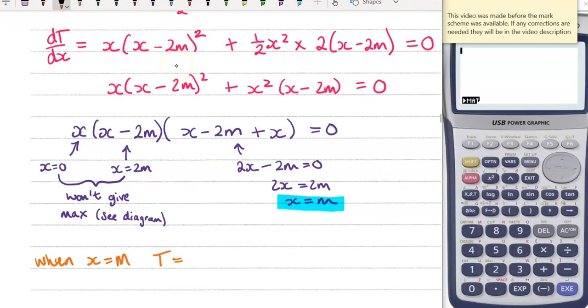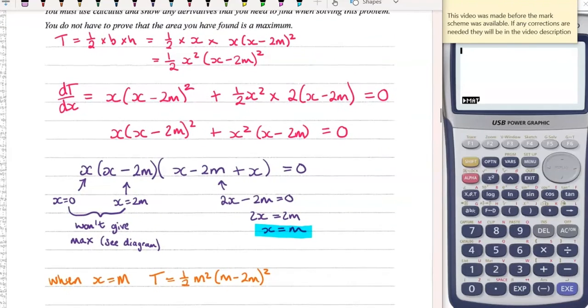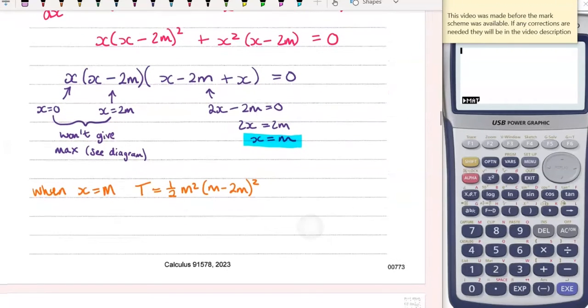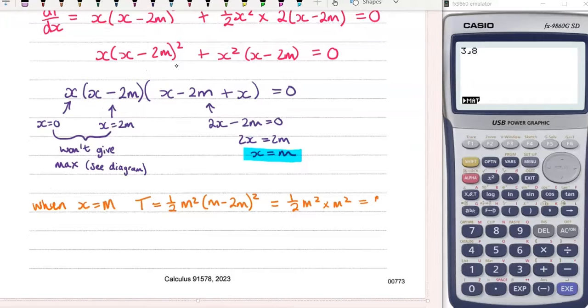So this will be half times m squared, m minus 2m, just putting m in place of the x that was up there. Okay. So then working that through, we have half m squared times minus m all squared. So minus m squared is just going to be m squared, and that is m to the 4 over 2.